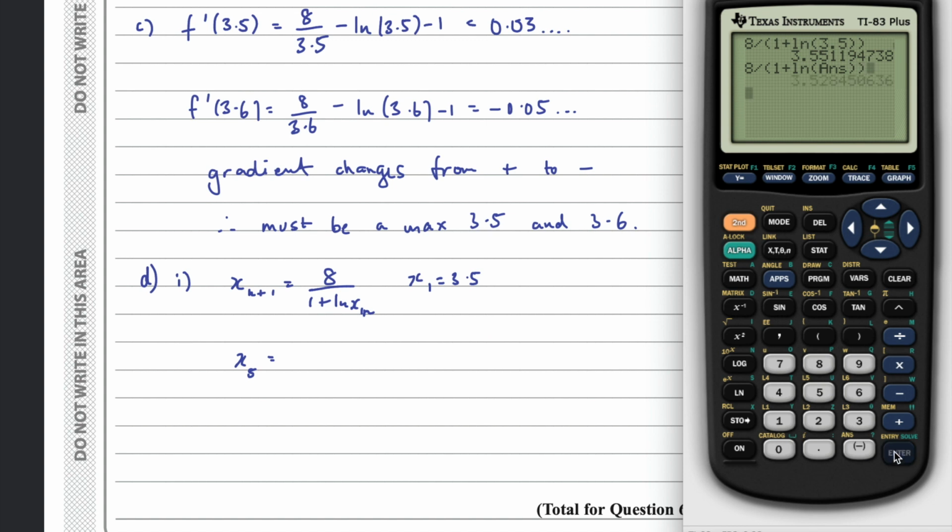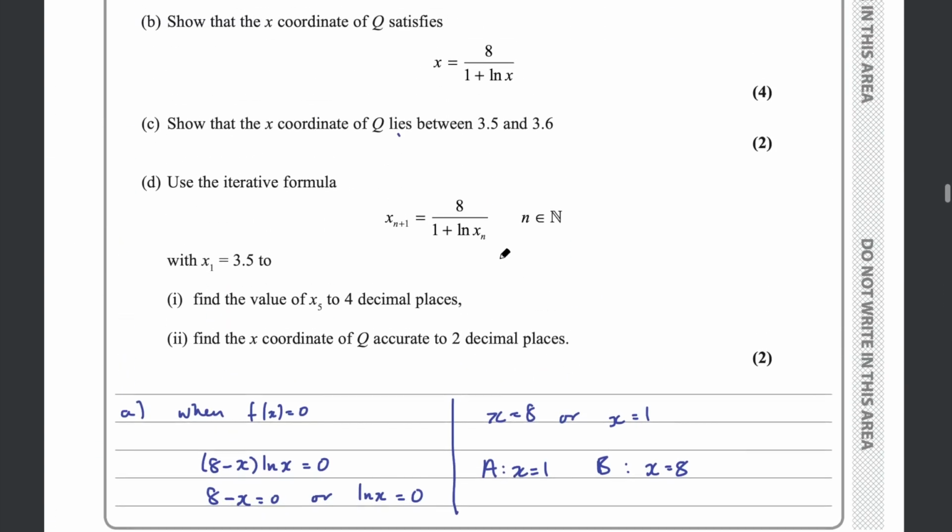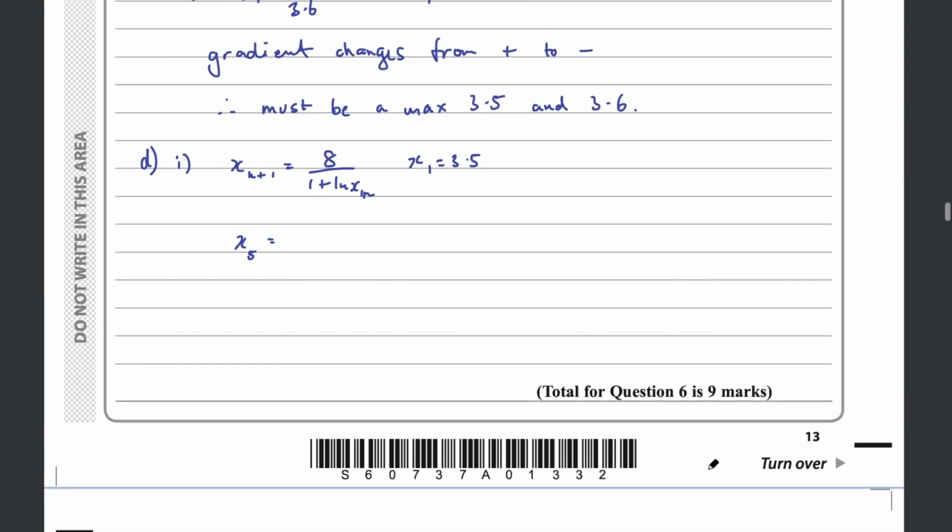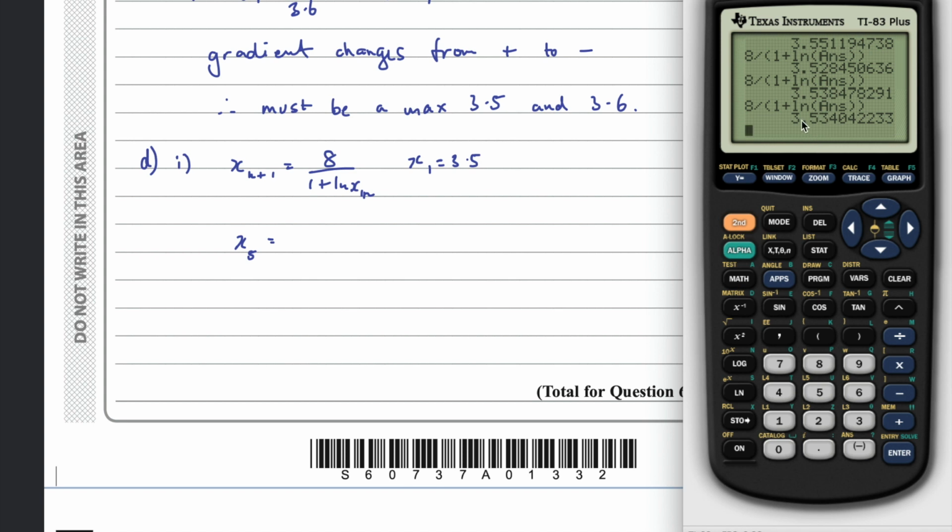Makes it slightly quicker. Then we get 3.52, and then do the same thing, entry, and then it already has the answer in it. So what are we up to? That was x2, that was x3, this will be x4, and then we need to do it one more time to get x sub 5. Okay, so 3.5340, and the question said to 4 decimal places, I believe. Yes, 4 decimal places. So x sub 5 to 4 decimal places will be 3.5340.